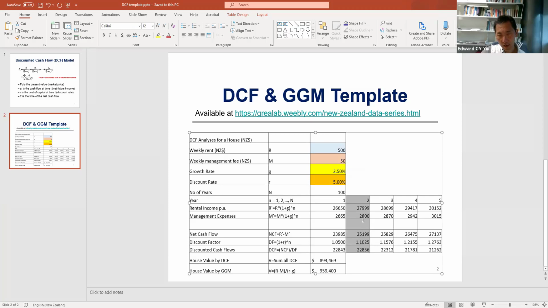Similarly, in the second year, we assume that rent is growing by this g%. Here I assume that it is growing at 2.5%, and you can change it to see what would be the difference. Then the third year, the fourth year, are based on the same formulas I show in this column.